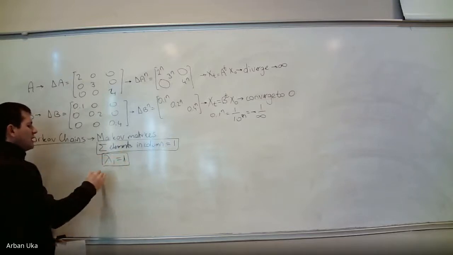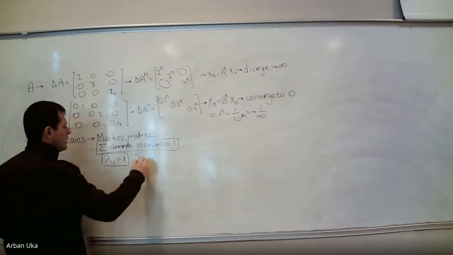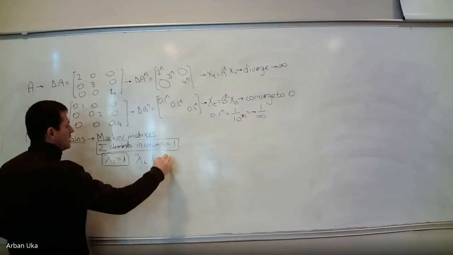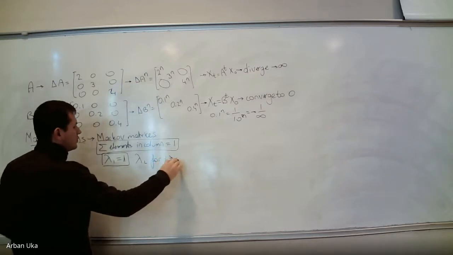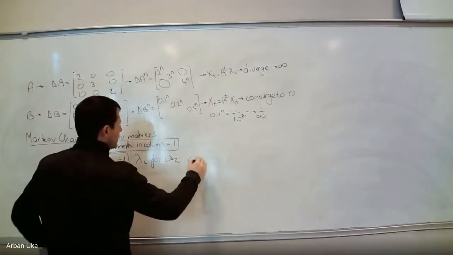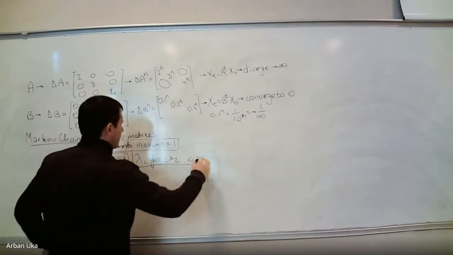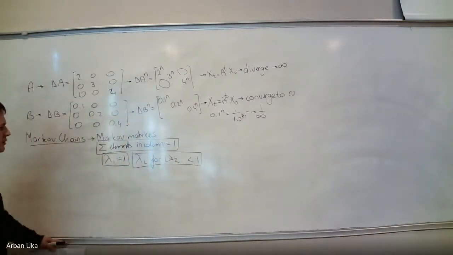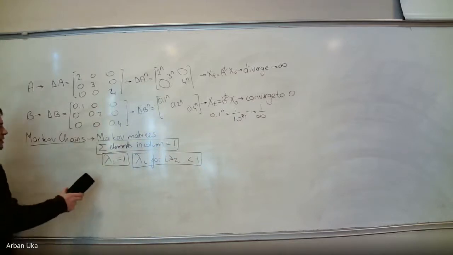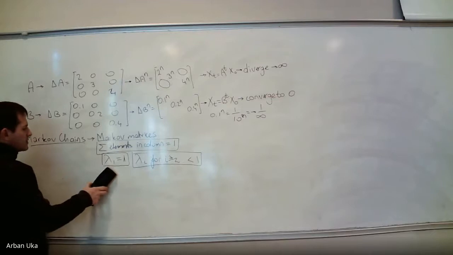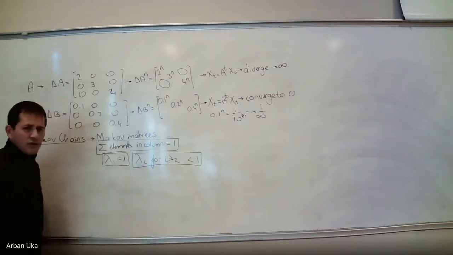So lambda 1 is 1, and lambda i for i larger than or equal to 2 are all smaller than 1. Whenever you hear about Markov chain problems or problems that involve Markov matrices, remember that one of the eigenvalues is 1 and the rest are smaller than 1.